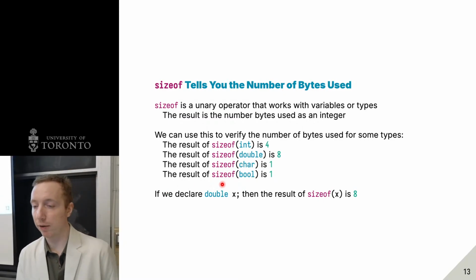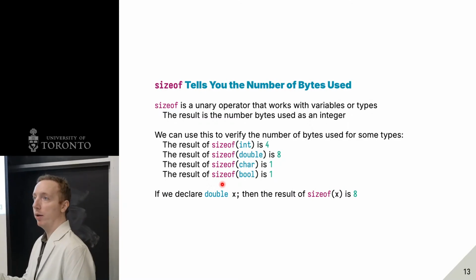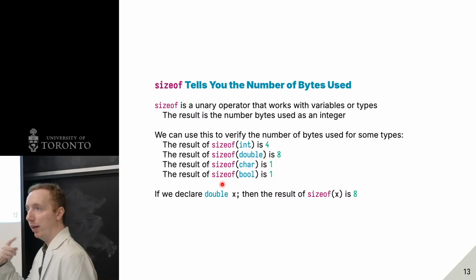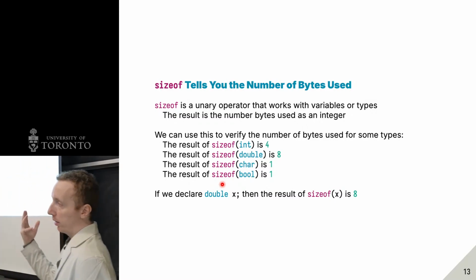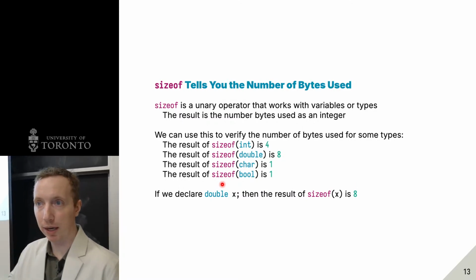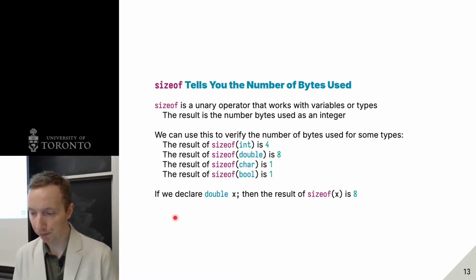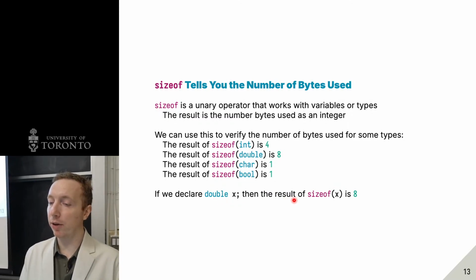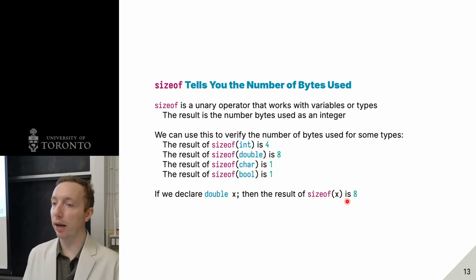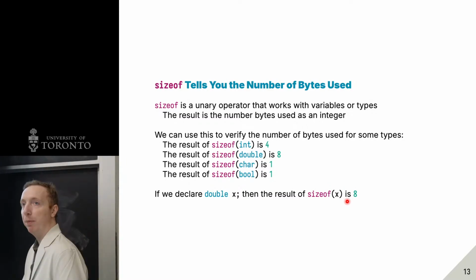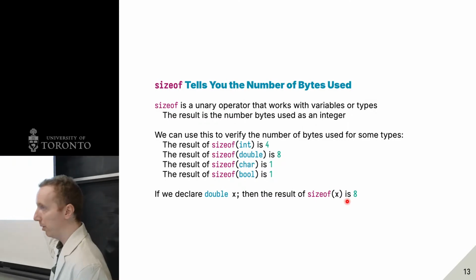And if I do sizeof(bool), the result is also 1, because even though a bool technically could be represented as a single bit, in computer memory the smallest unit is a byte, so it has to consume a single byte. So if I declare a variable called double x, I could also do sizeof(x), and it will give me the result of 8, because x is a double and its size is 8 bytes.